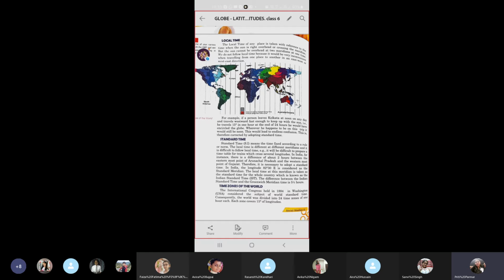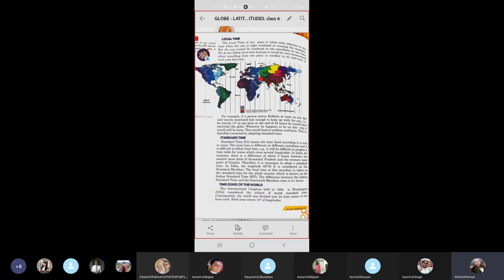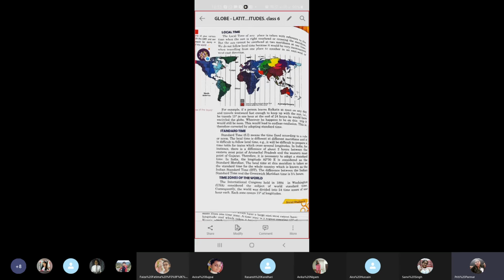The International Congress held in 1884 in Washington, USA, considered the subject of World Standard Time. Consequently, the world was divided into 24 time zones of 1 hour each. Each zone covers 15 degrees of longitude.